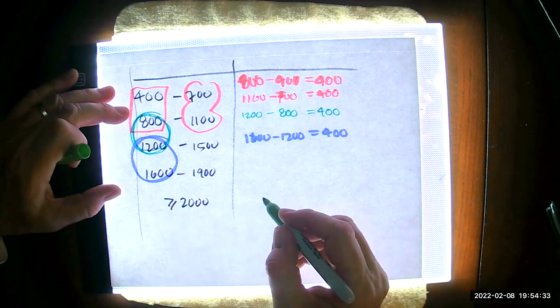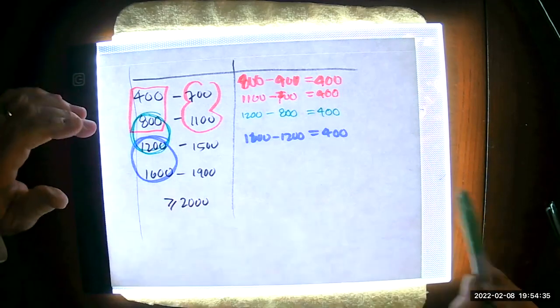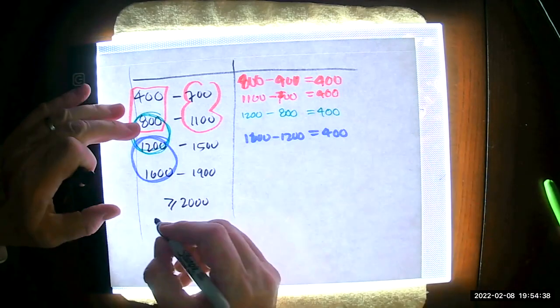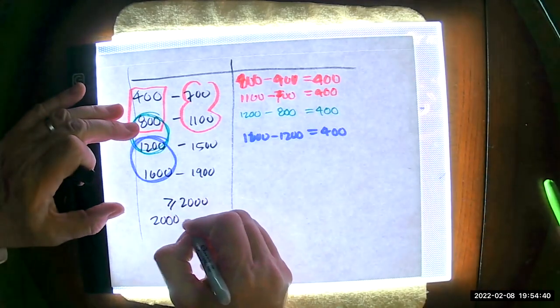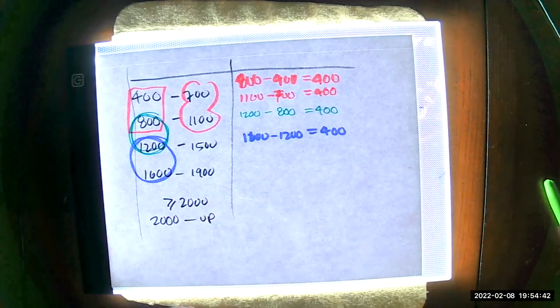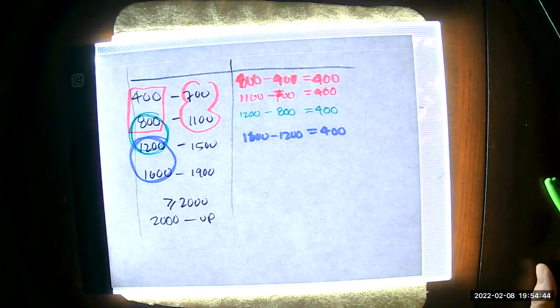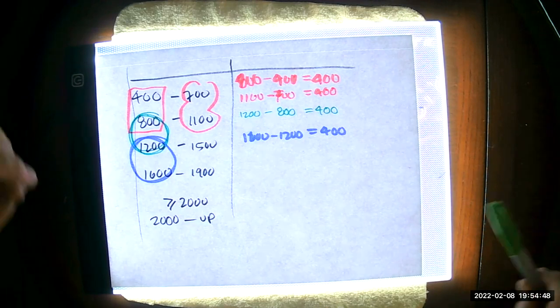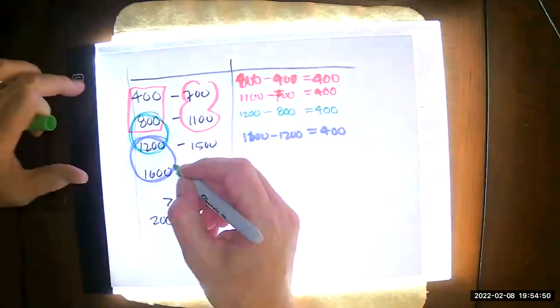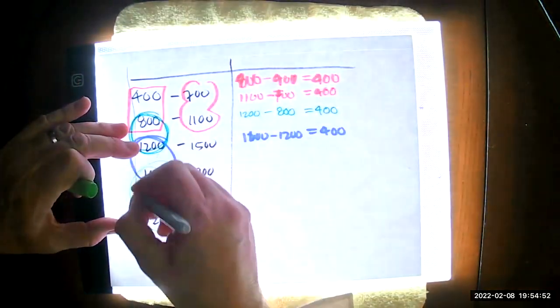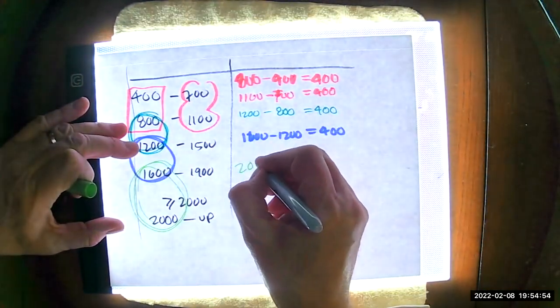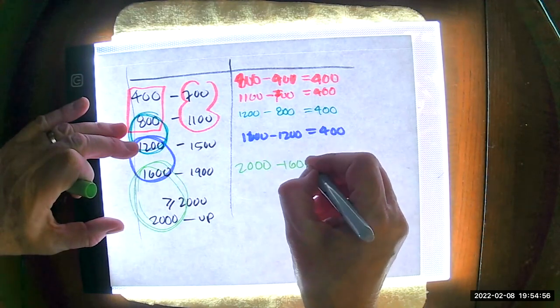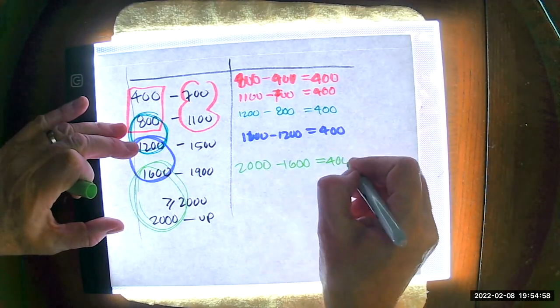Then the next class is greater than or equal to 2000. Here's another way of writing that that might make it a little clearer. This is 2000 and up. So for this one, it's 2000 minus 1600, or 400.